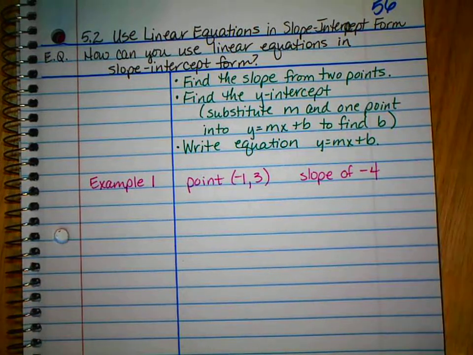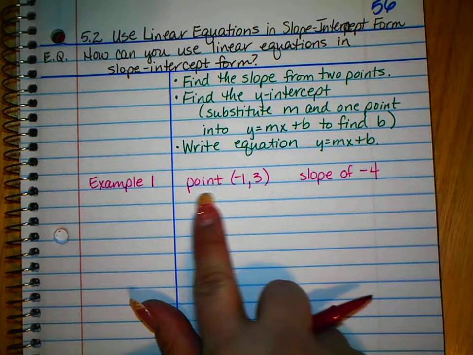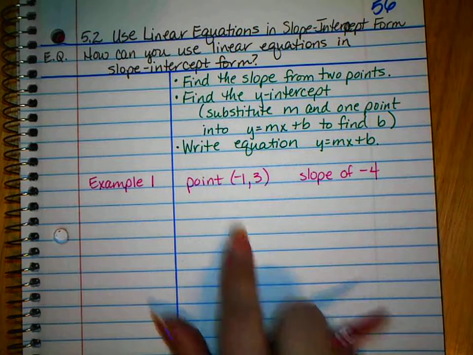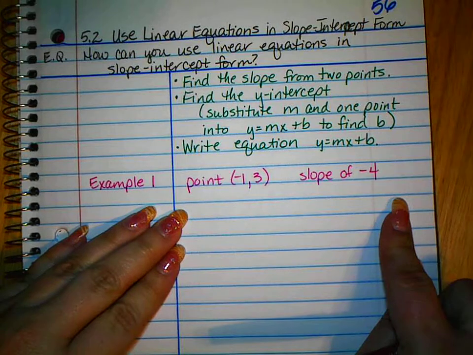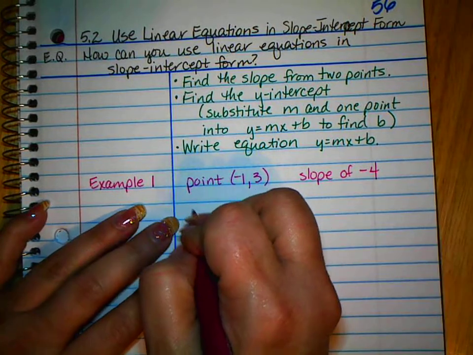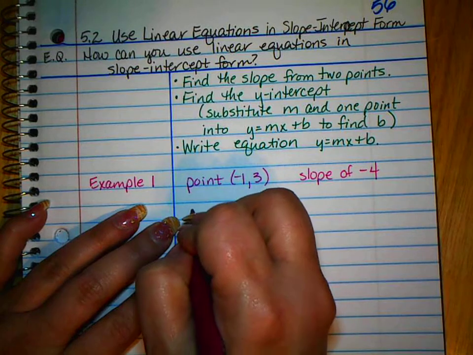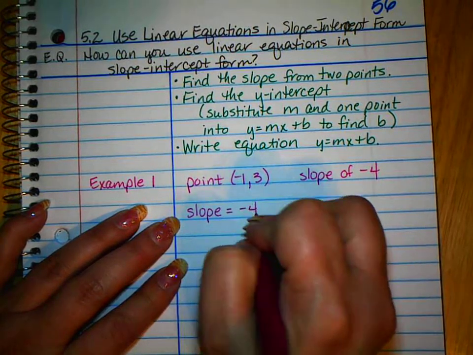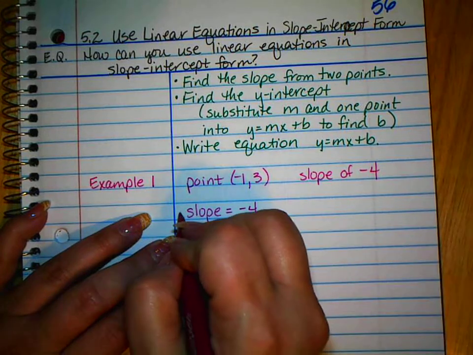And we have to use this information to write our equation. Now this point could have been given to us just straight out, here's a point, or it could have been given to us on a graph. I'm choosing just to write the information down today. So I already know my slope is negative 4. I need to find my y-intercept.